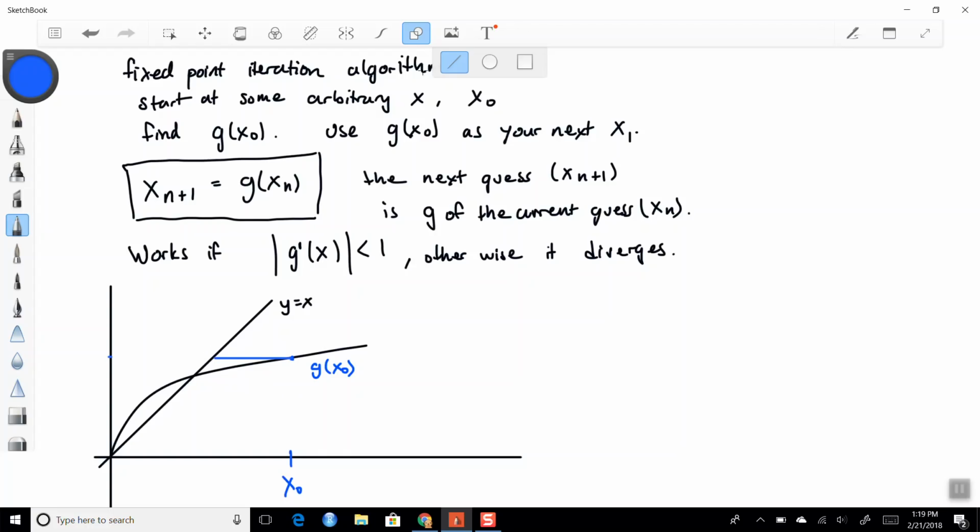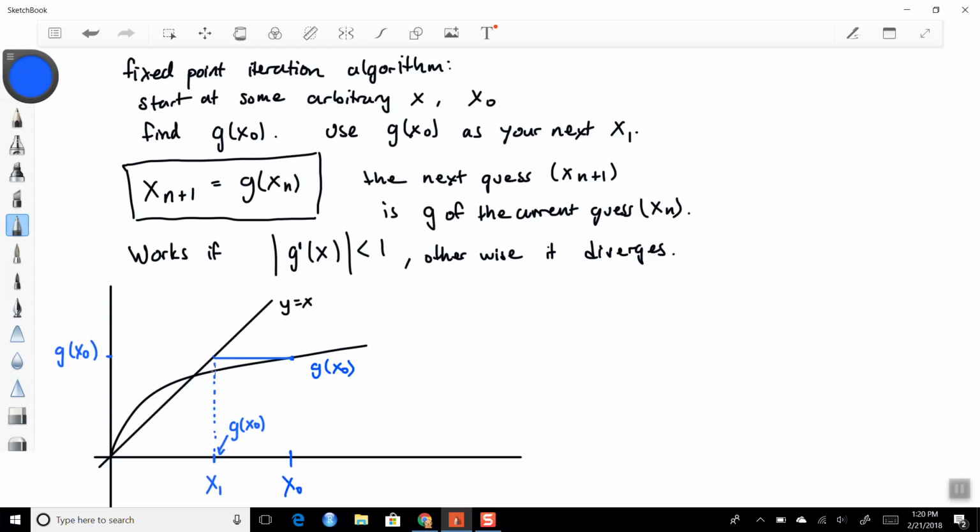because this height is g of x0, and that means this location here is the equivalent value, right? G of x0 is right there, because this line represents where x and y are equal, okay? And so I will use this as my next guess, x sub 1, okay?